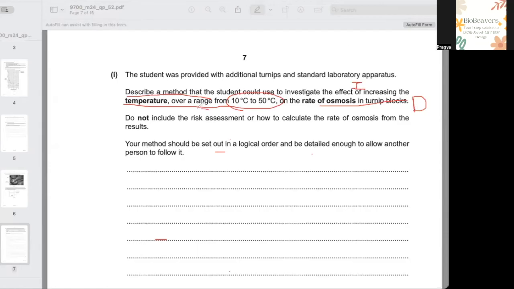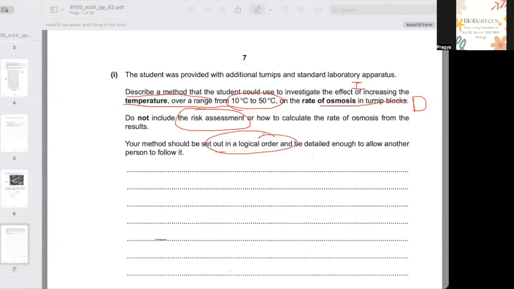It says do not include any risk assessment or how to calculate the rate of osmosis. Your method should be in logical order. Please remember the order has to be correct in this, so please make sure that this is done in a proper manner, in a proper logical order.